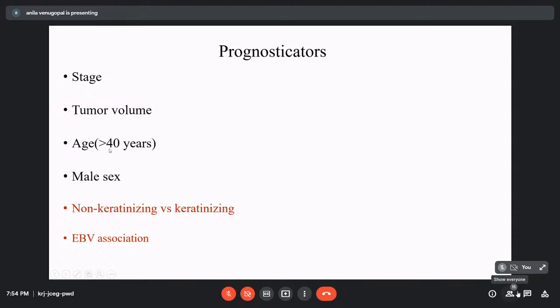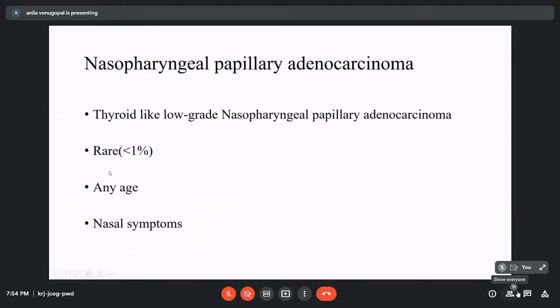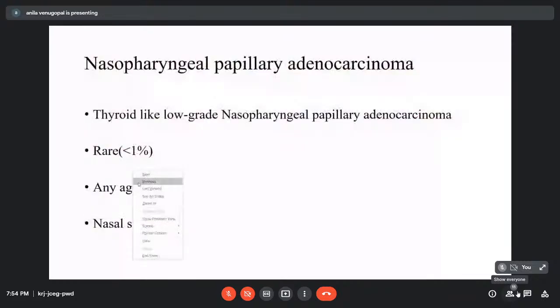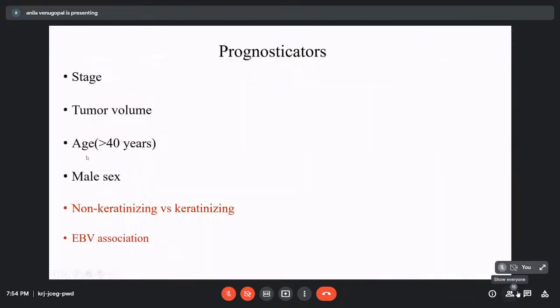Age more than 40 years and male sex are all associated with a bad prognosis. About non-keratinizing versus keratinizing and EBV association, I have told that non-keratinizing and EBV association is associated with a better prognosis.